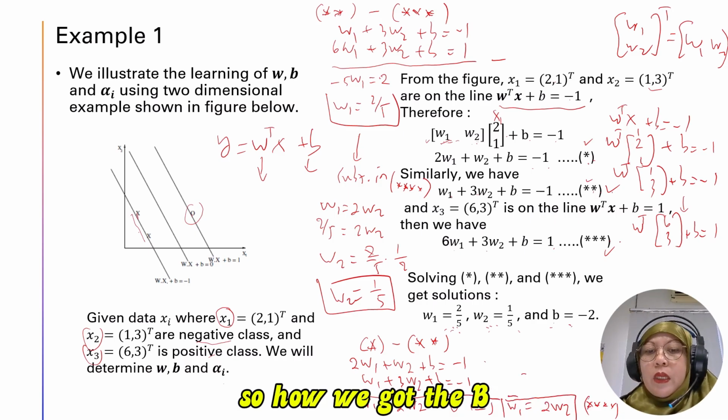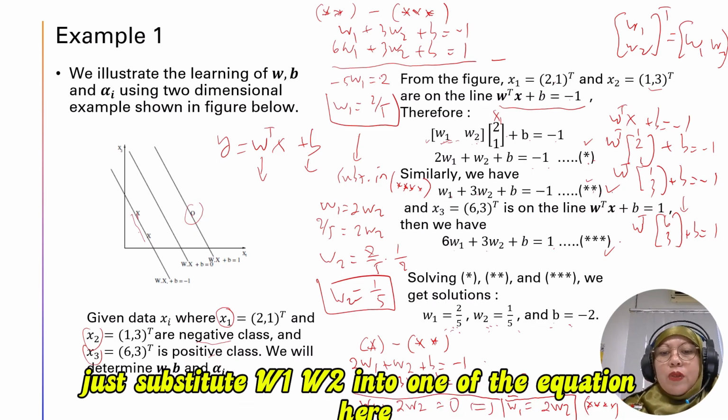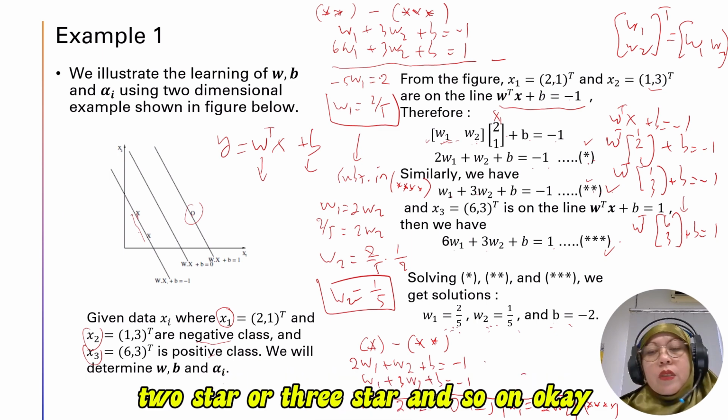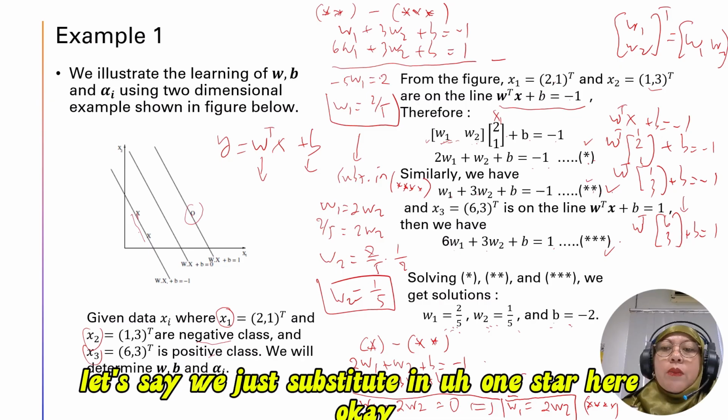So how do we get the B? Just substitute W1, W2 into one of the equations here. You can just put it in 1 star, 2 star, and so on. Okay, let's say we just substitute in 1 star here.